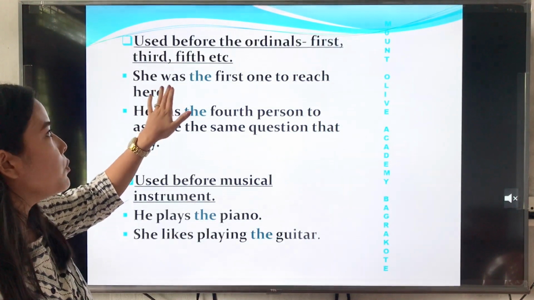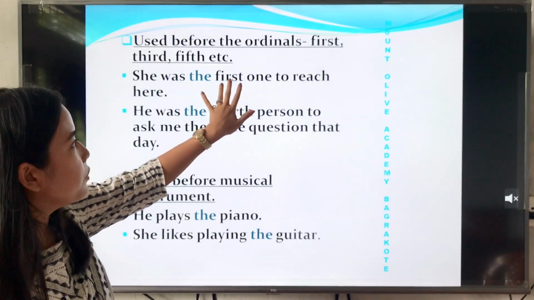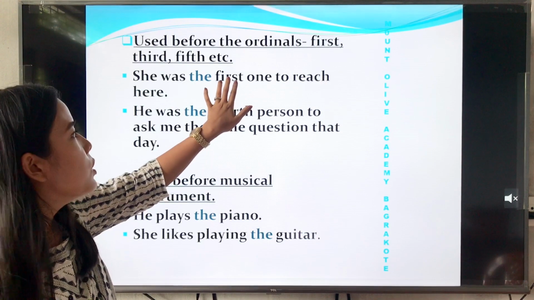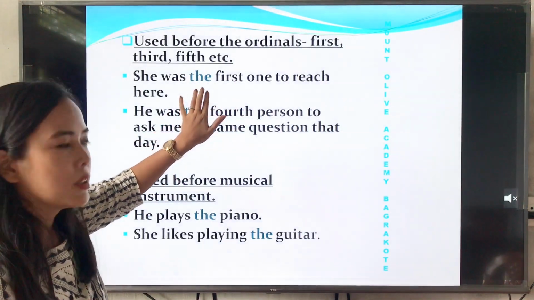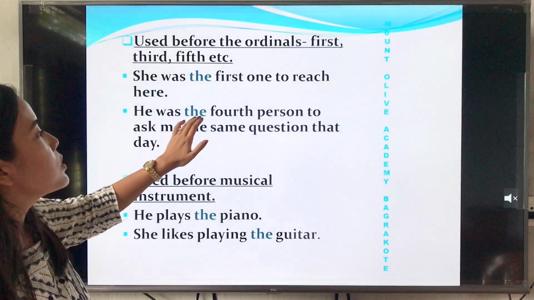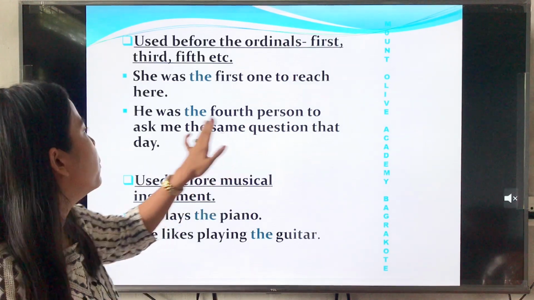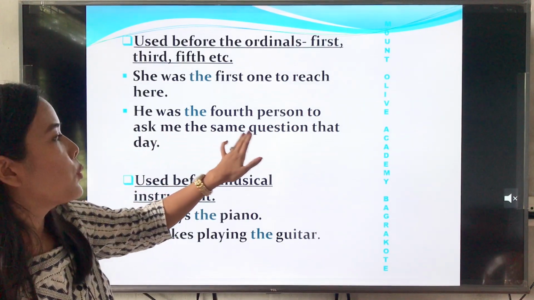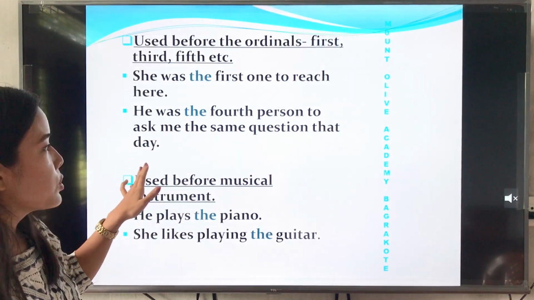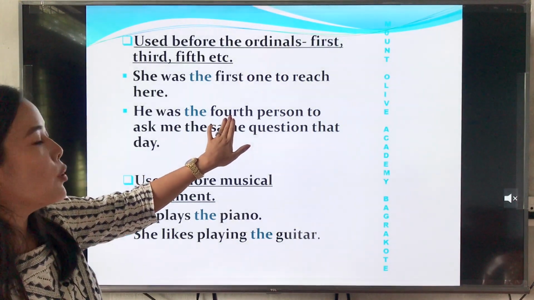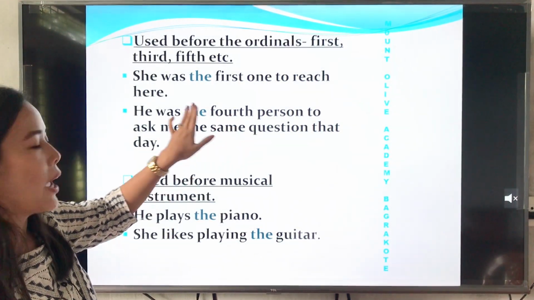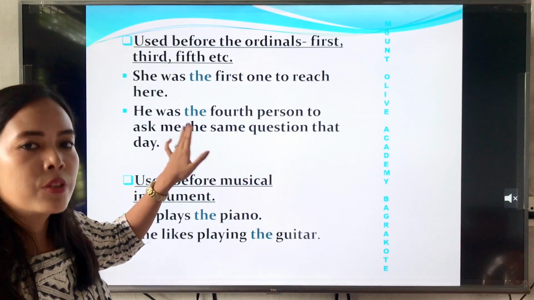Okay, she was the first one. Here there is an ordinal number. So we will use article the. Next, he was the 4th person to ask me the same question that day. So the 4th person, 4th is an ordinal number. So we have to use article the.